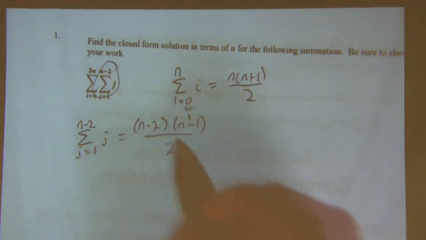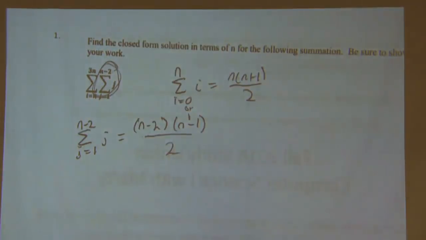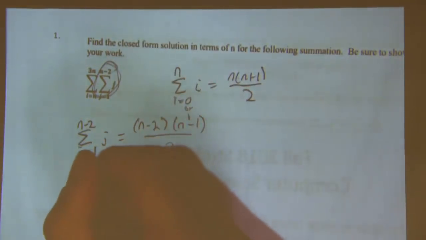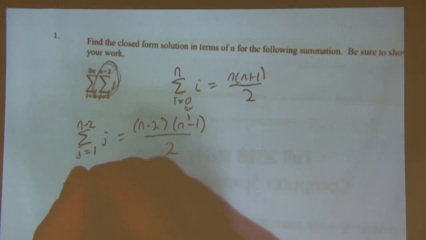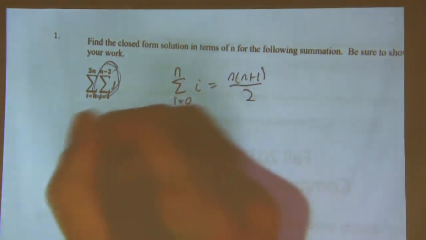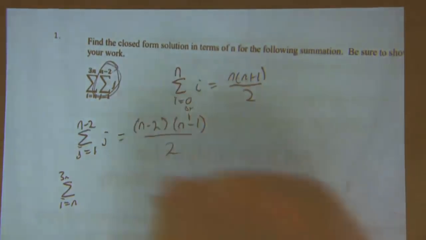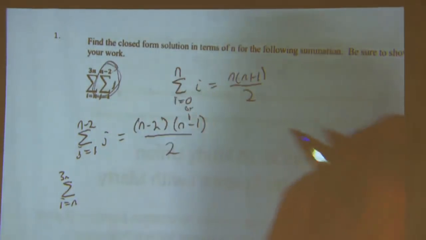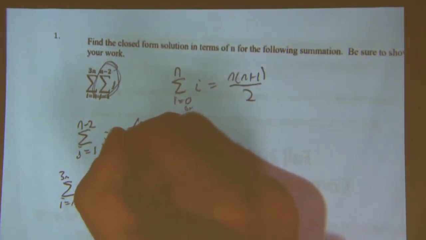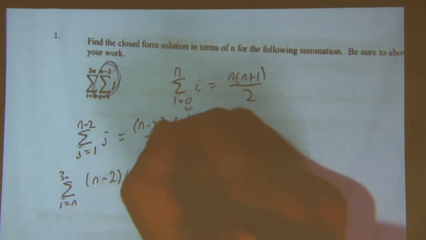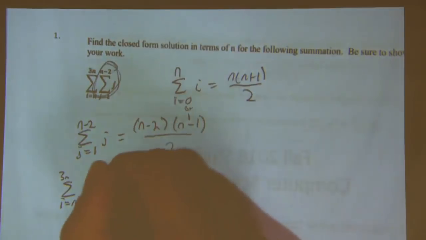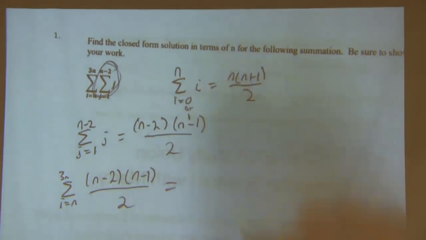Now this corresponds to this summation here, so we can write it inside the other summation. We have i equals n to 3n of this whole thing, n minus 2 times n minus 1 all over 2.